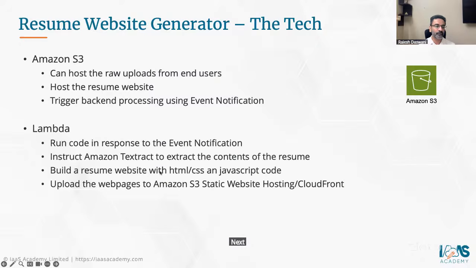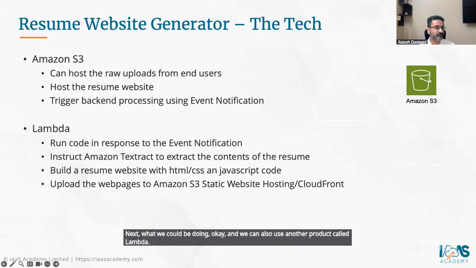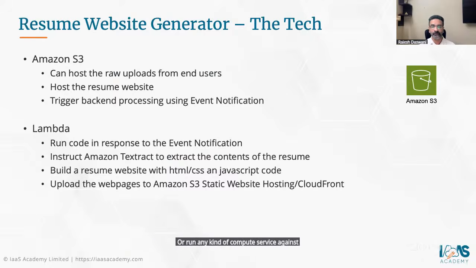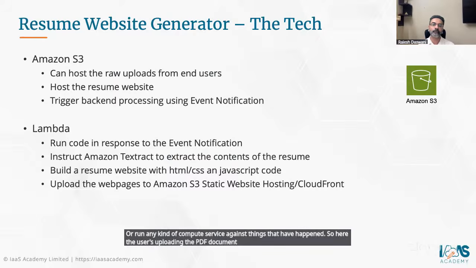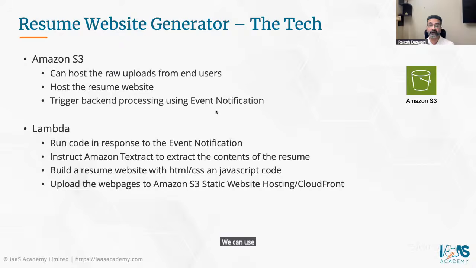Next, we can also use another product called Lambda. Lambda is a serverless compute service that allows us to run any kind of compute against things that have happened. So here the user is uploading the PDF document to the S3 bucket. We can use event notification to trigger a Lambda function so that it can run a piece of code to instruct Textract to extract the data from the PDF document.